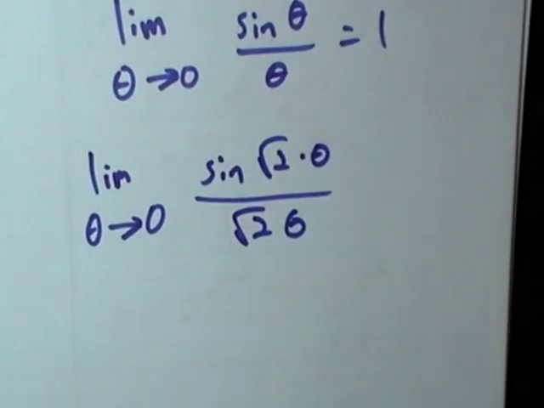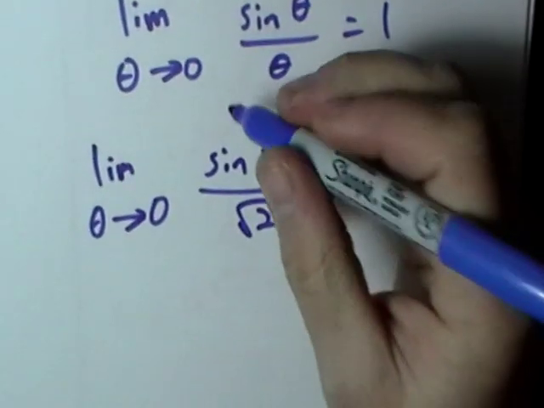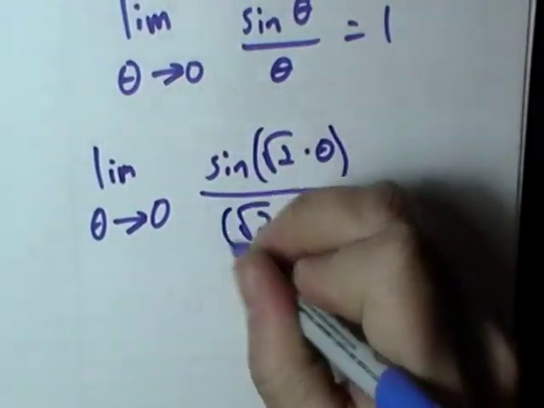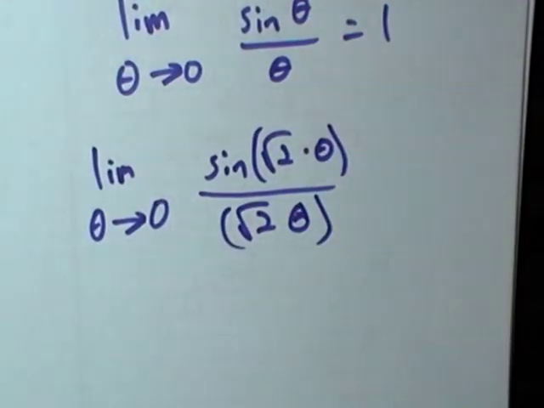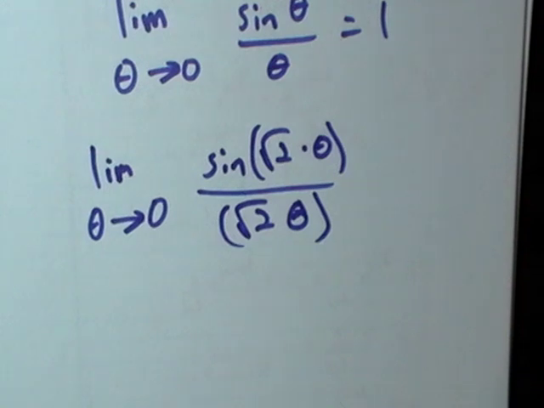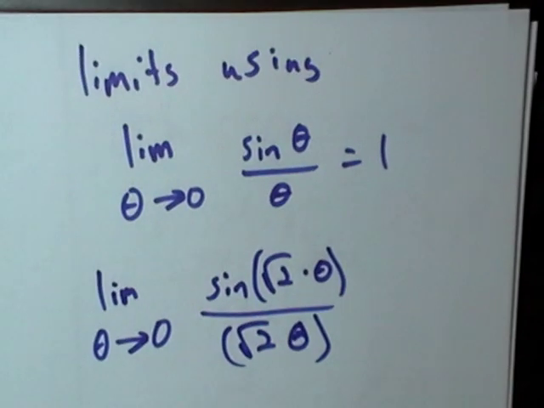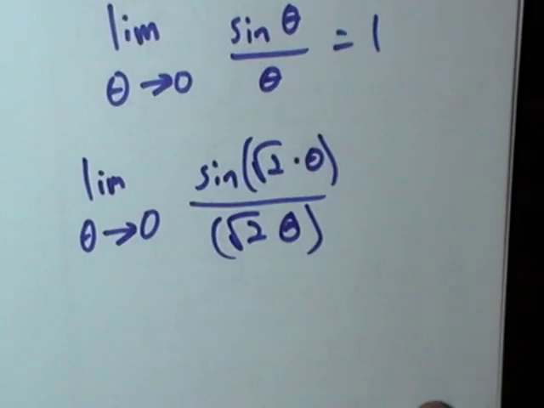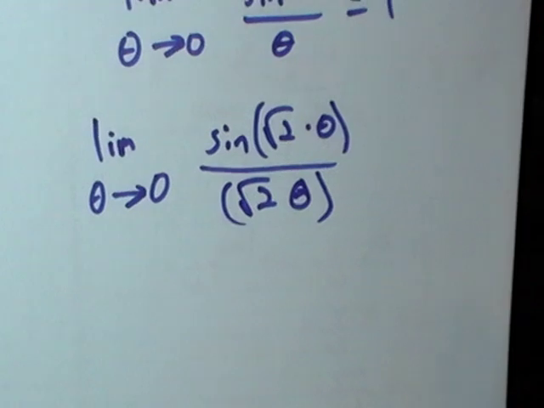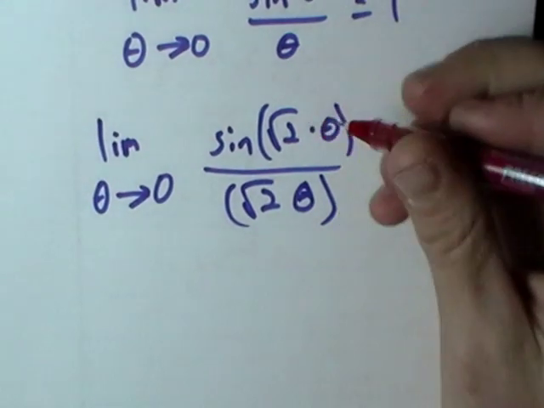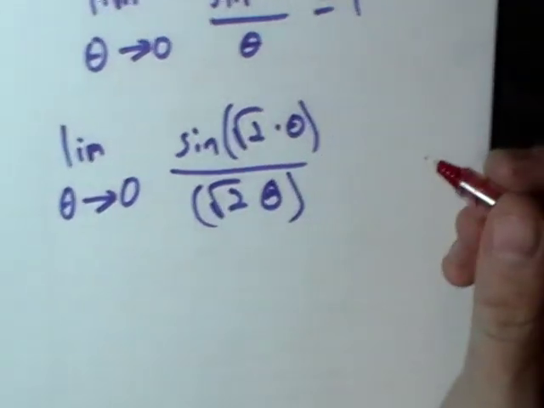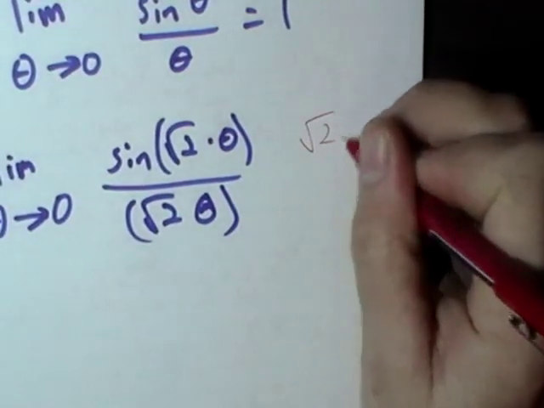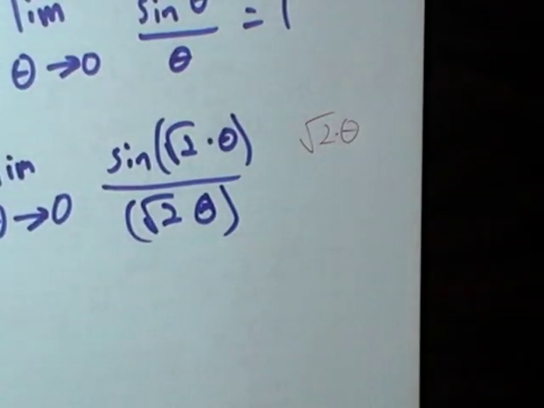Okay, so we got sine of root 2 times theta over root 2 times theta, and it pretty much looks like this. It has the same form. But let's look at something interesting here. First of all, out to the side, square root of 2 times theta.